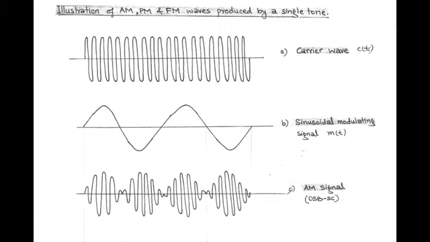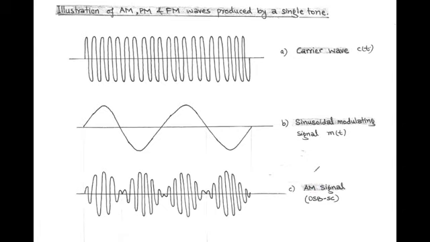Here we note a point. In case of amplitude modulation double sideband suppressed carrier, there is a phase reversal or 180-degree phase shift at every zero crossing of the message signal. So in double sideband suppressed carrier, there is a phase reversal as shown in figure C. And amplitude modulation is a linear process.